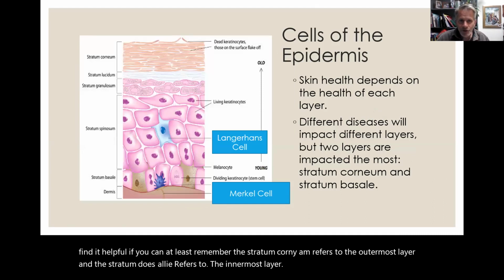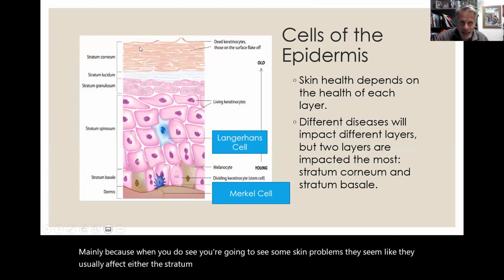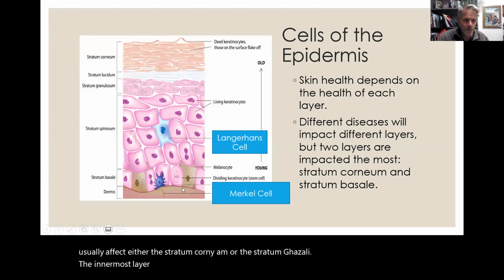Mainly because when you see skin problems, they usually affect either the stratum corneum or the stratum basale. Again, the innermost layer is where the new cells are being made because it's mitotically active.